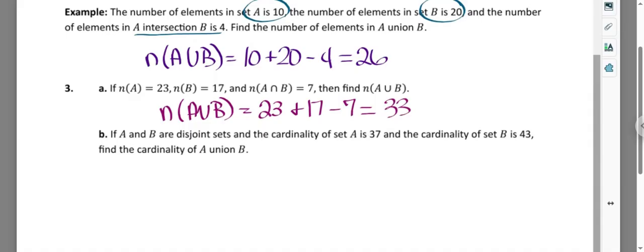So what do you think about B? If A and B are disjoint sets, the cardinality of A is 37, the cardinality of B is 43. What, in other words, how many are in the union of the two sets?